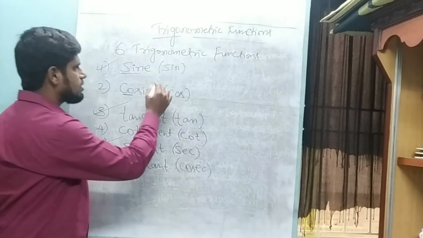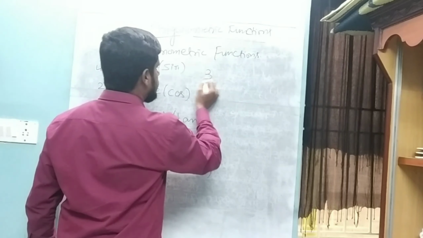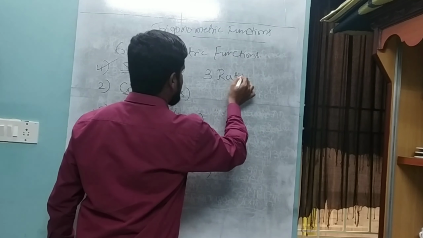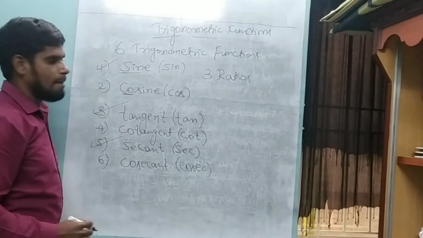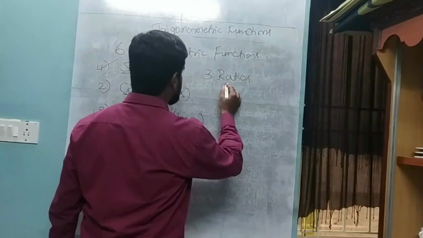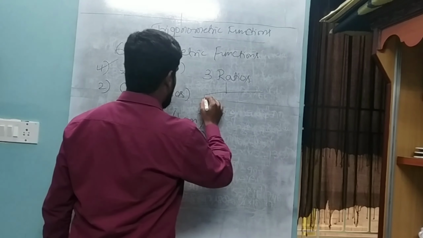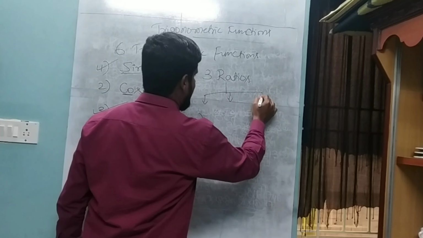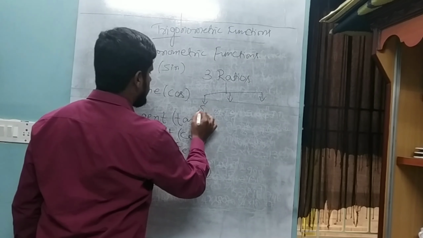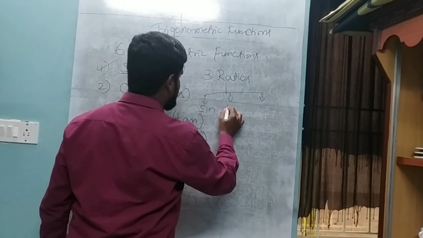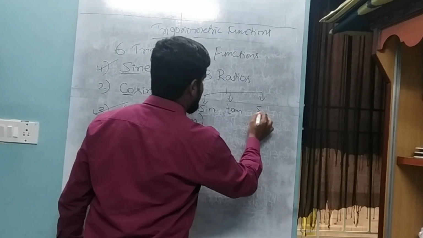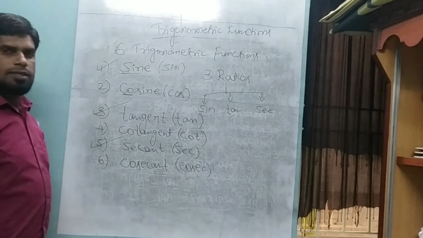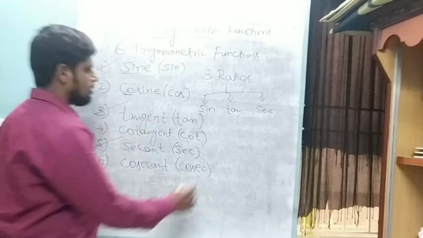So students, in these 6 trigonometric functions, 3 are ratios. What are the ratios? The ratios are sine, tan, secant. These 3 are ratios. What are the co-ratios?